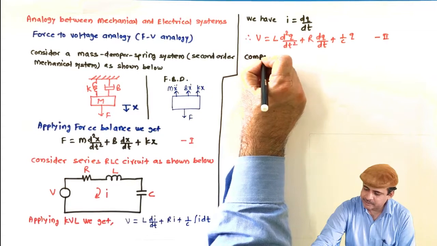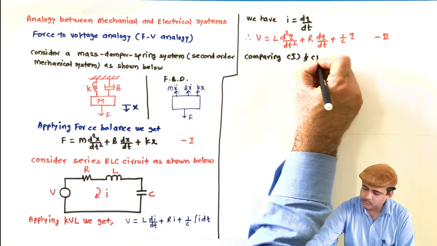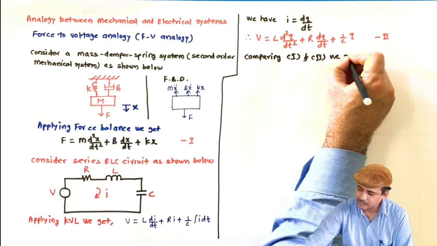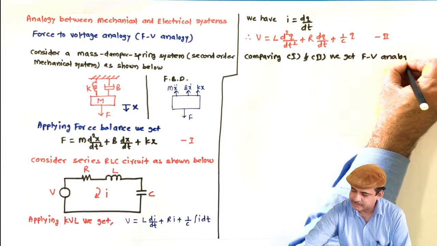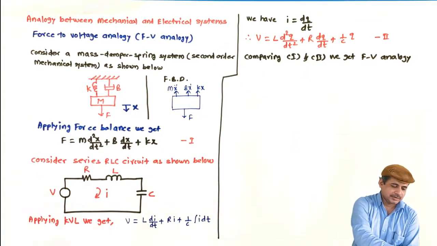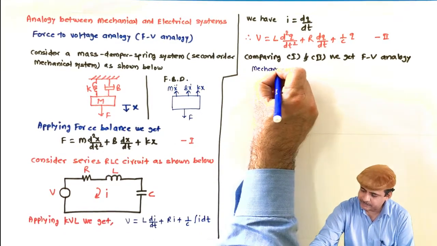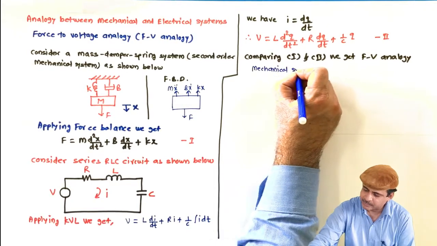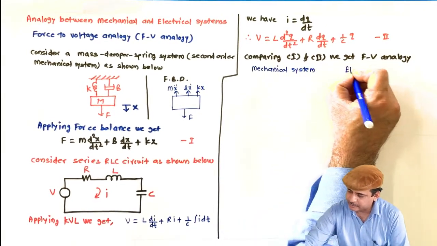So comparing 1 and 2, we get the F2V analogy. Just compare the two. What I will do here is write mechanical system and electrical system.